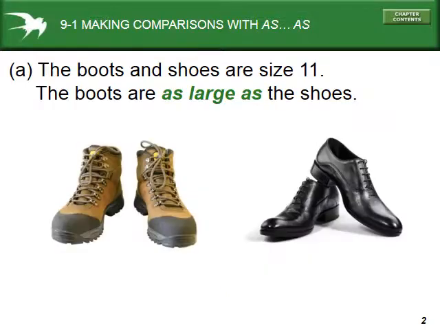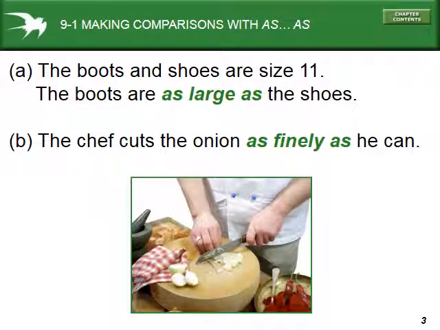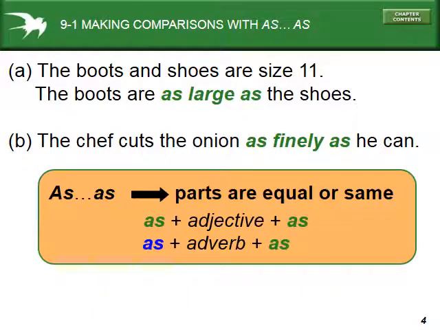But let's take a closer look at some other examples. In this one, the boots and shoes are size 10, so the boots are as large as the shoes. The chef cuts the onion as finely as he can. So when we're using as plus an adjective or an adverb, what we're basically saying is that the two things are the same.